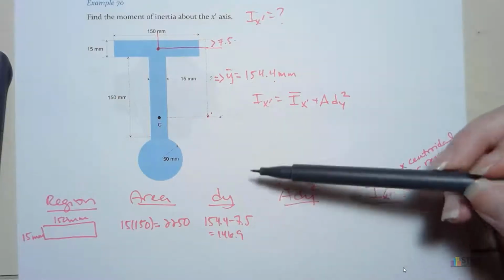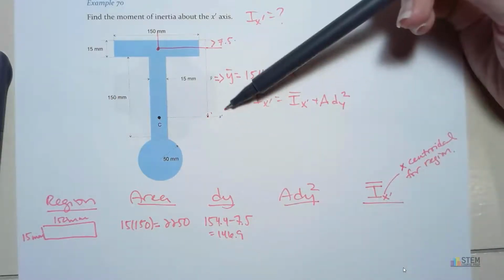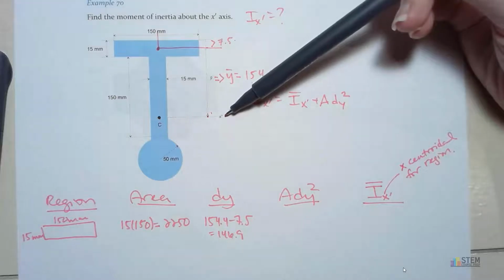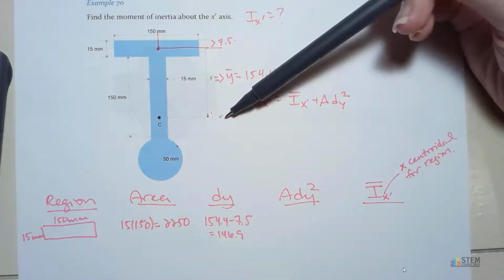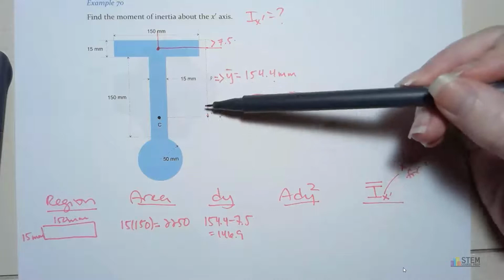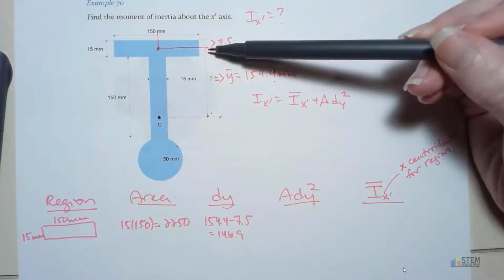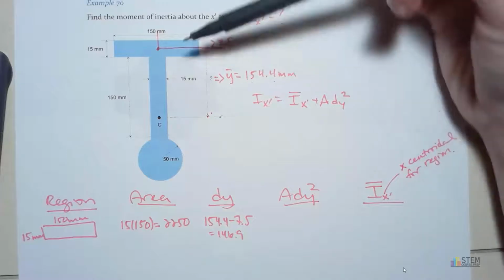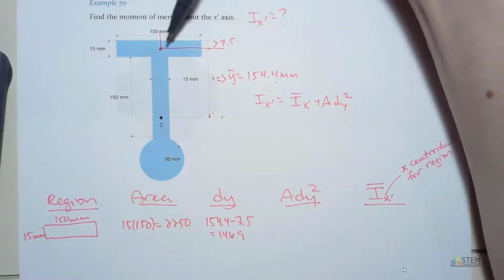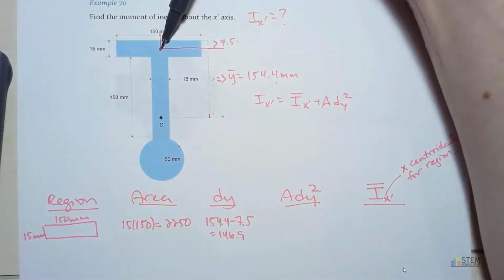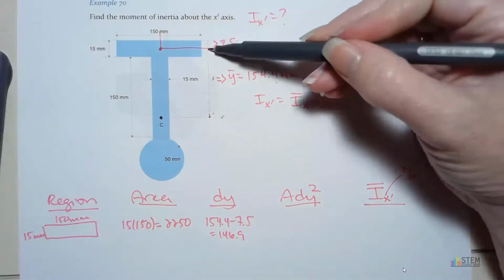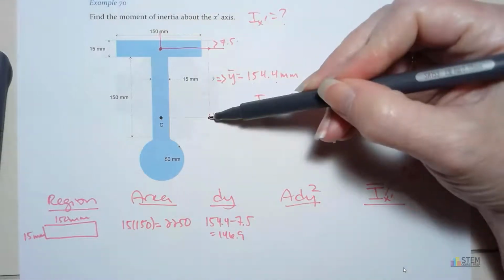So all you're trying to do is you're looking at the axis you're concerned with. So we wanted x prime. That's the axis about which we're trying to find the moment of inertia. Then you're going to go up to the parallel centroidal axis of the shape you're looking at. All right, so the parallel axis here would be this x-axis going through the centroid of this rectangle. You need to find the distance between these two axes.